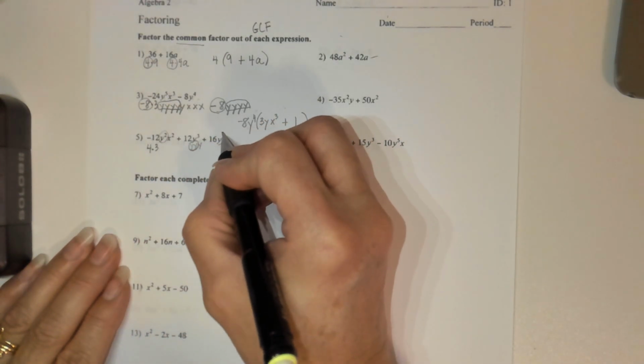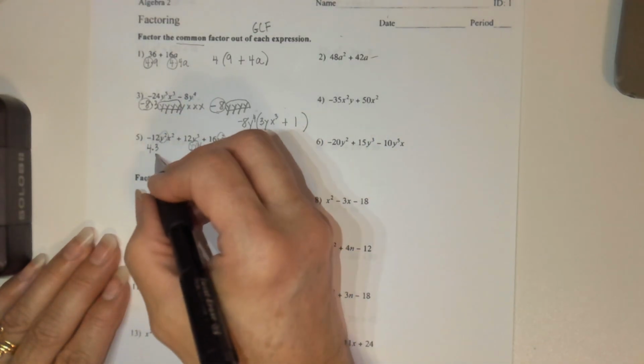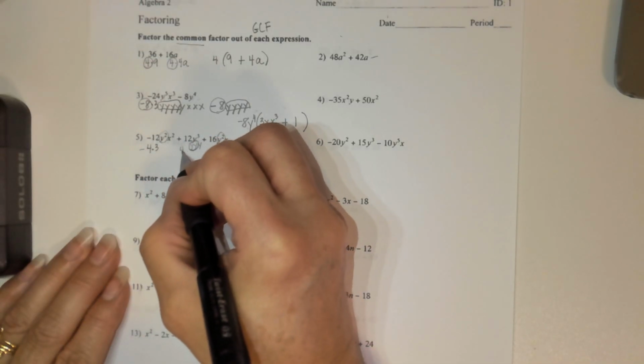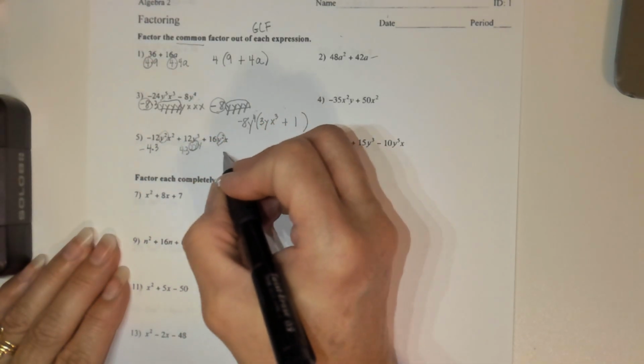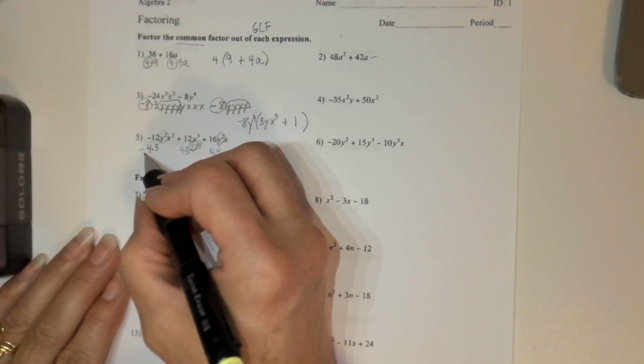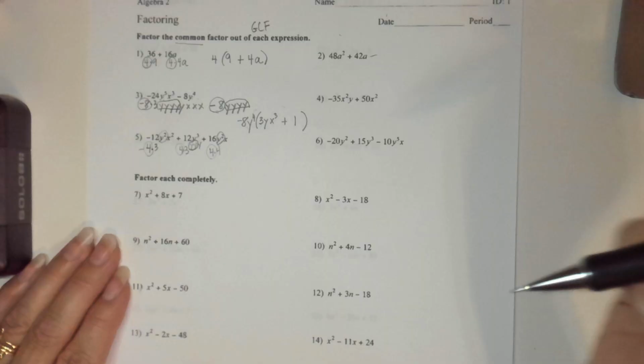So that they all have in common. They don't all have an x, so we won't bring it out. You have a 4 times 3 to make that 12. You have a 4 times 4 to make that 16.